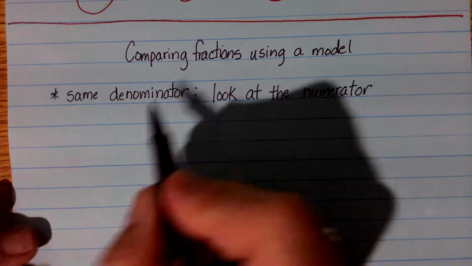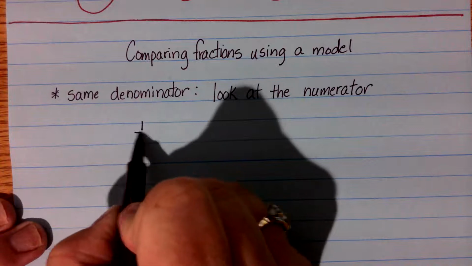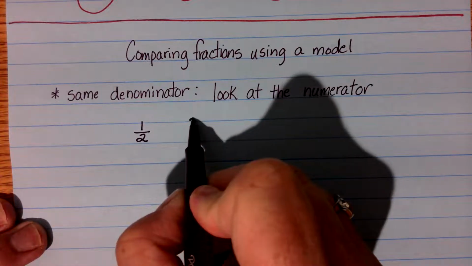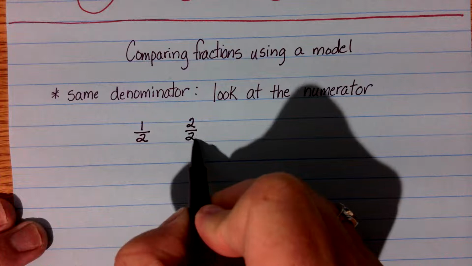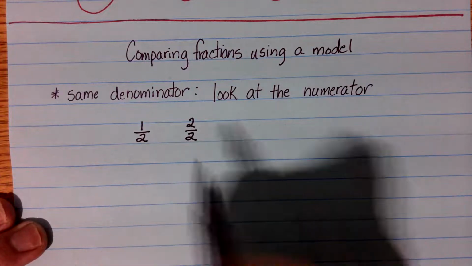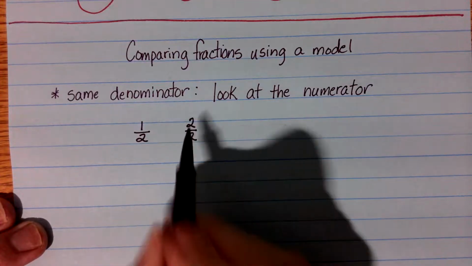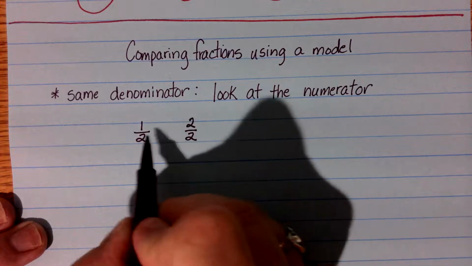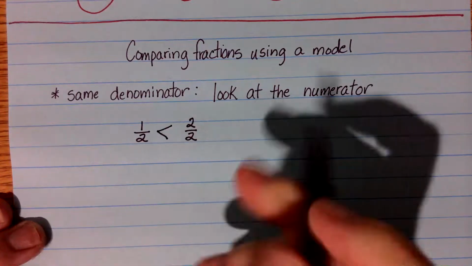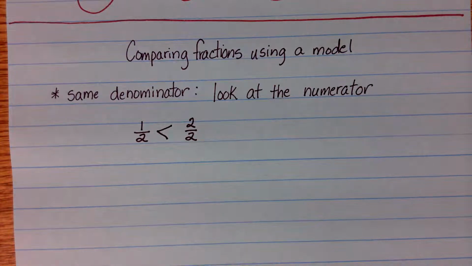If I have 1/2 and I am comparing it to 2/2, my denominators are the same, my numerators are not. 2 is greater than 1, therefore 2/2 is greater than 1/2.